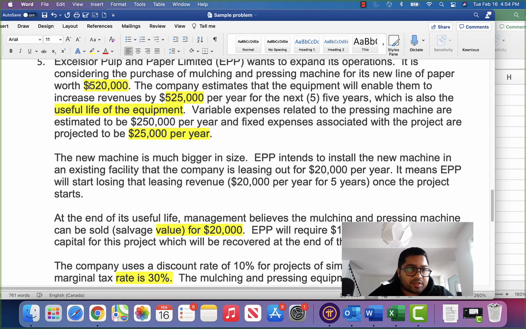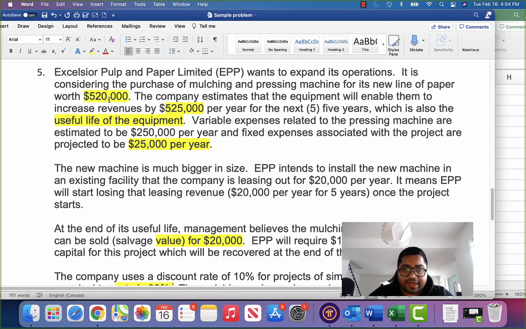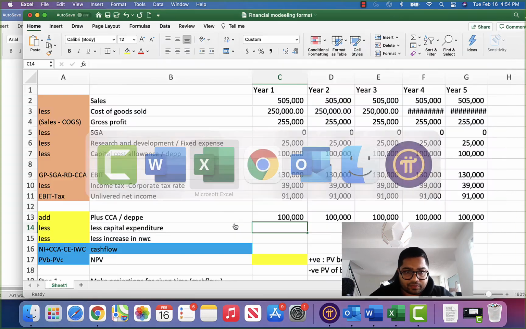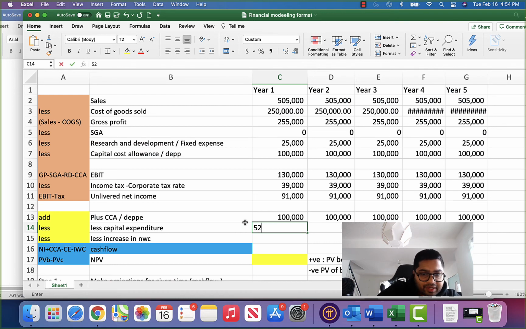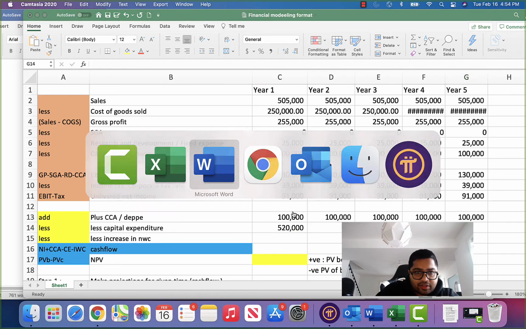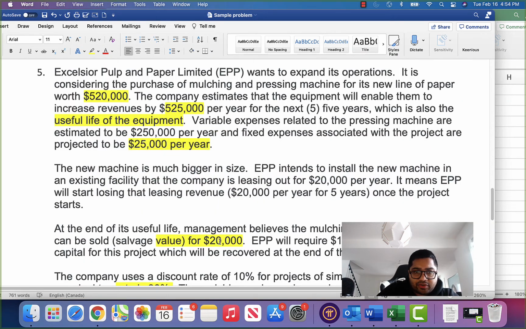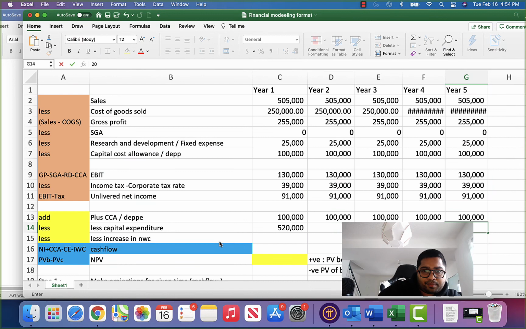Capital expenditure is 520, and you sell it back at 20. This is key: you're buying the machine, so 520 will be an outflow, and you sell it later on and get $20,000 back.